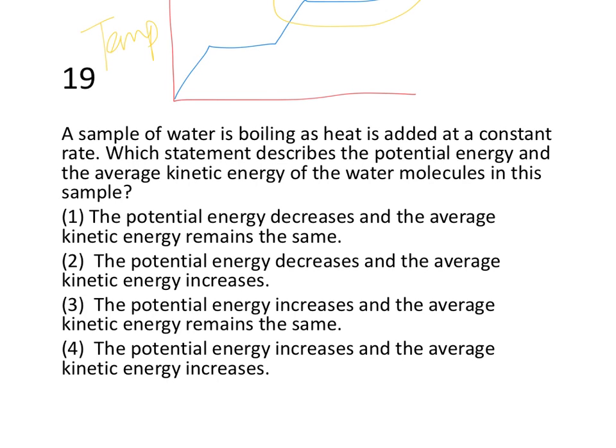When temperature is constant, average kinetic energy must also be constant. So if average kinetic energy is constant and heat is being added, it must go somewhere. So it's going to the potential energy. Therefore, the correct answer is the potential energy will increase while the average kinetic energy remains the same.